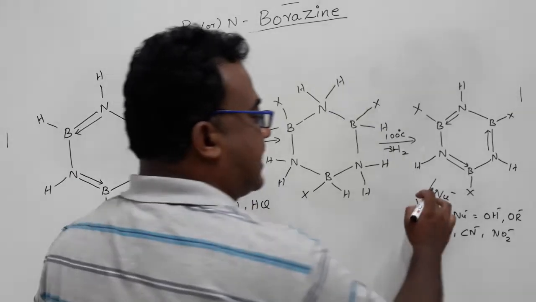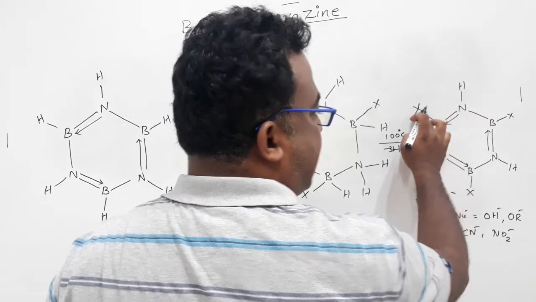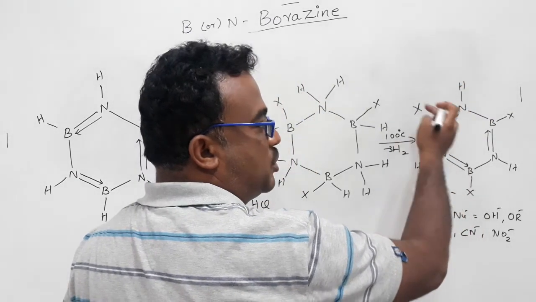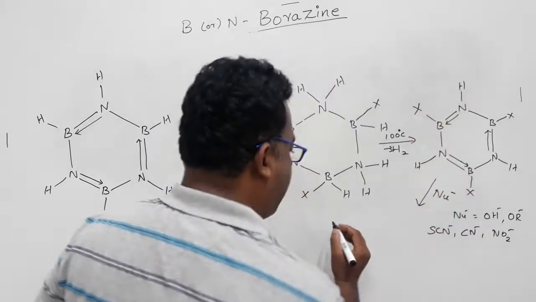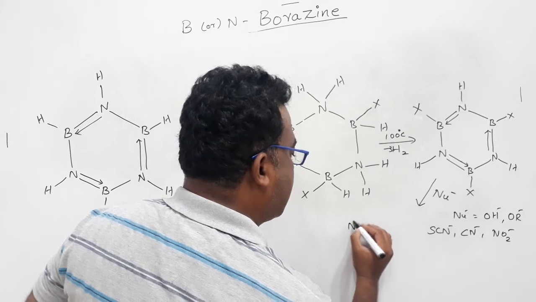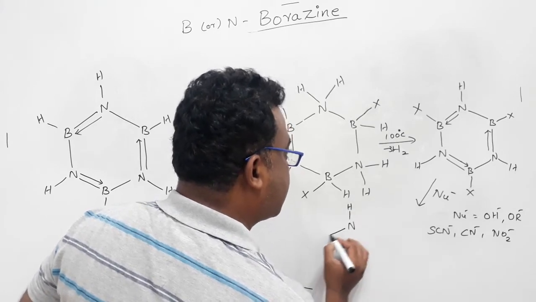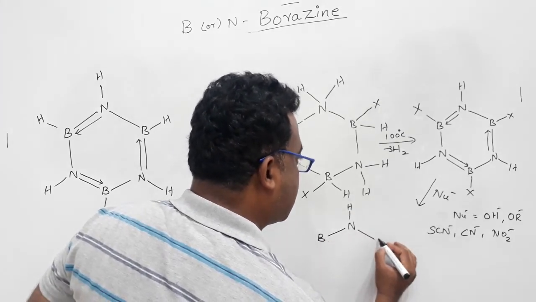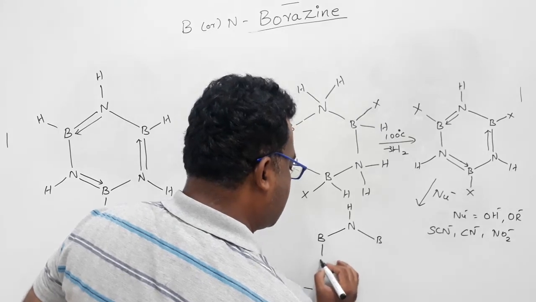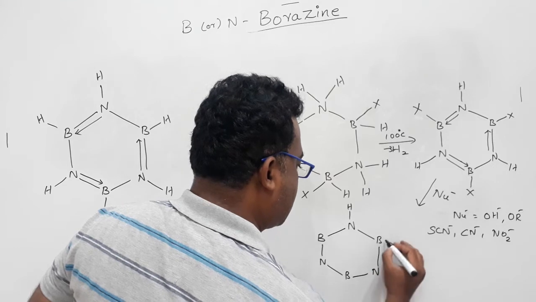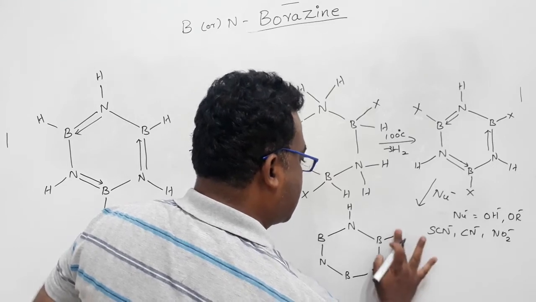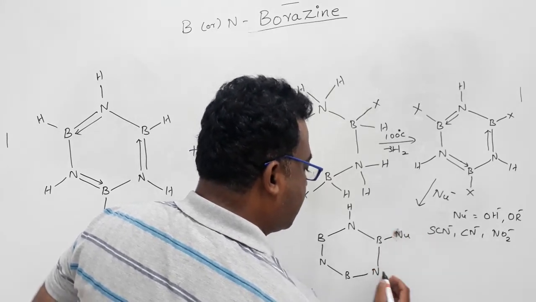It can easily attack, and substitution can happen. Instead of X, it can be substituted by the nucleophile. That means you will get a product where you have to put the nucleophile.